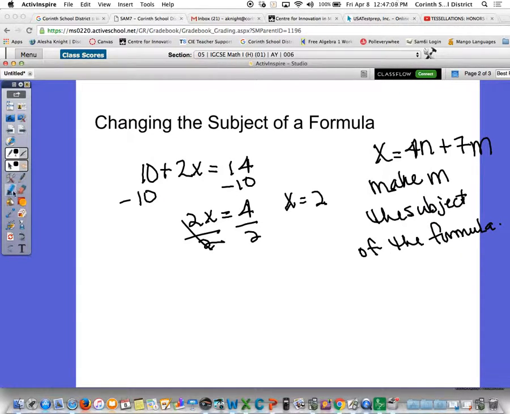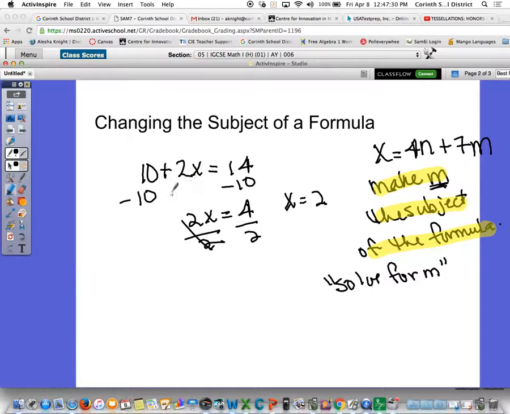So in other words, what I want you to understand is when they ask this phrase, that means solve for m. Write that down. Solve for m. Make m the subject, you're solving for m.